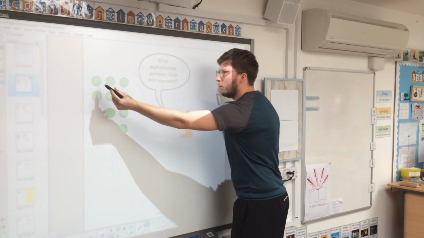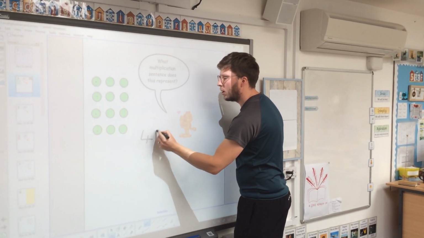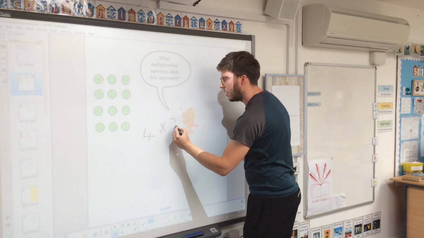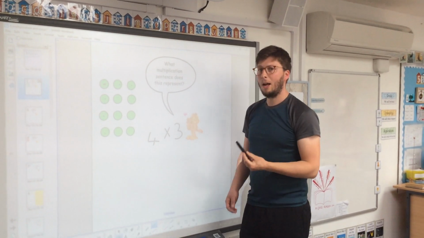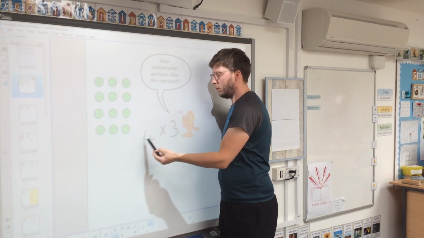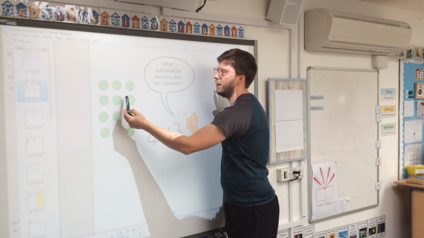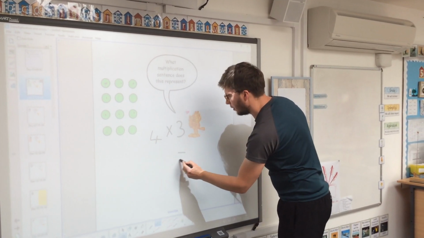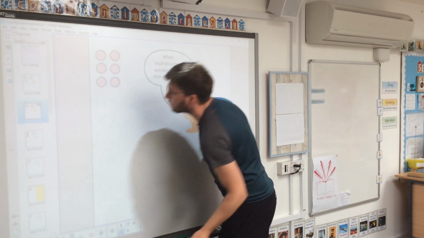So I've got 1, 2, 3, 4 lots of 1, 2, 3. Okay, so 4 times 3, that's what that array is showing me. Now, what you can then do is count how many dots there are to see what is 4 times 3. So let's have a little count. 1, 2, 3, 4, 5, 6, 7, 8, 9, 10, 11, 12. So that equals 12.